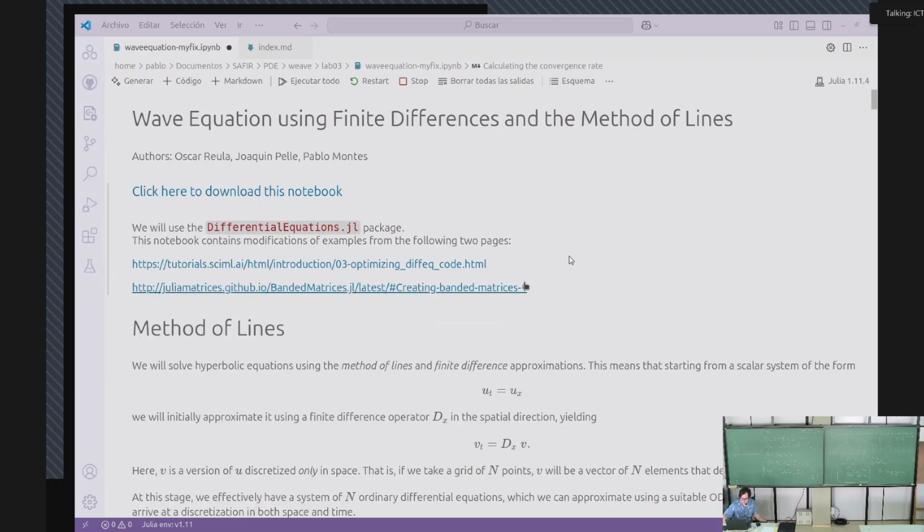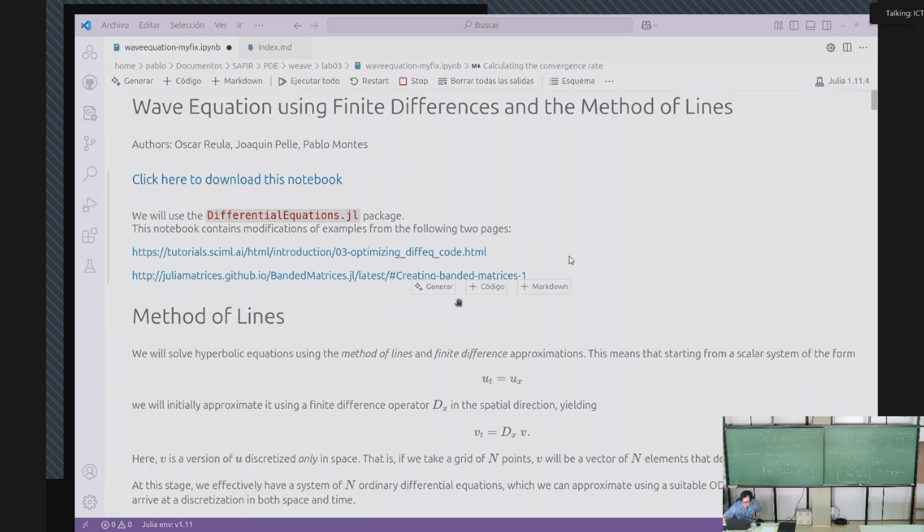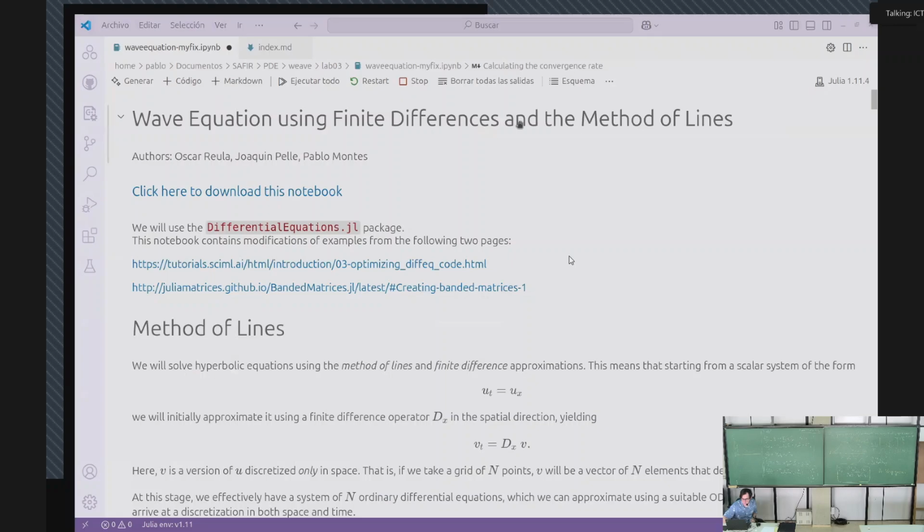Okay, but can you see it in the web page? I hope that's the case. Anyways, you can follow it on your computer and run it as I talk, if you wish. Okay.